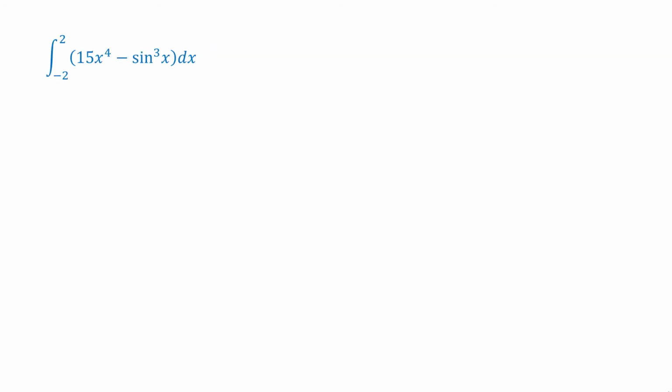So, our original integral, from -2 to +2 of 15x to the fourth minus sine cubed x dx, is twice the integral from 0 to 2 of 15x to the fourth dx minus 0. Remember, sine cubed x from -2 to +2 is 0.